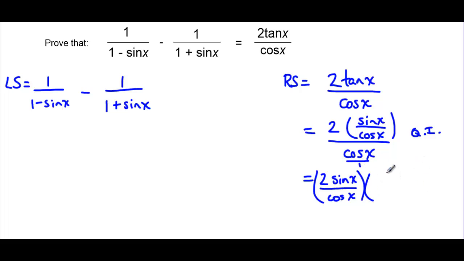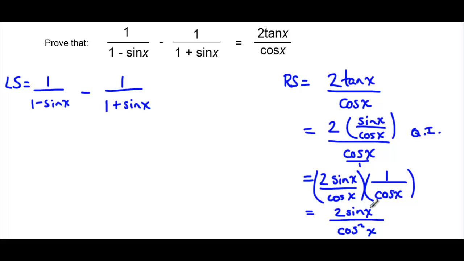So when flipped, or when taken in a reciprocal, that's 1 over cos x. And when multiplied now, we multiply the numerators and multiply the denominators. So 2 sine x times 1, which is 2 sine x, over cos x times cos x, which is just cosine squared x. We could keep going on the right side by changing the cos squared x to 1 minus sine squared x.